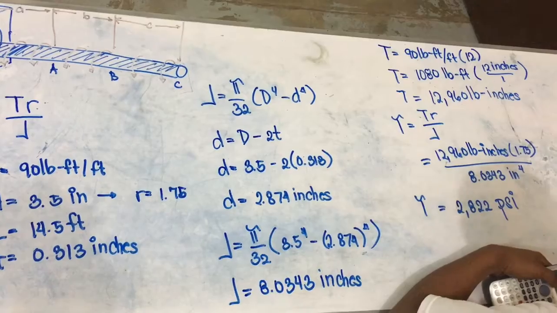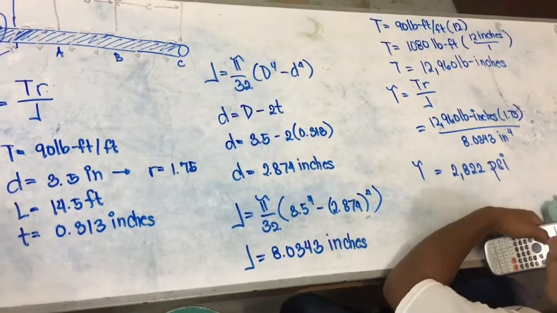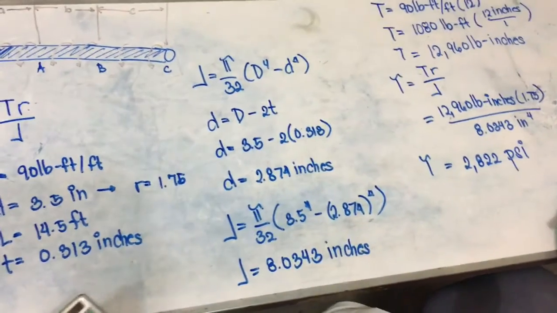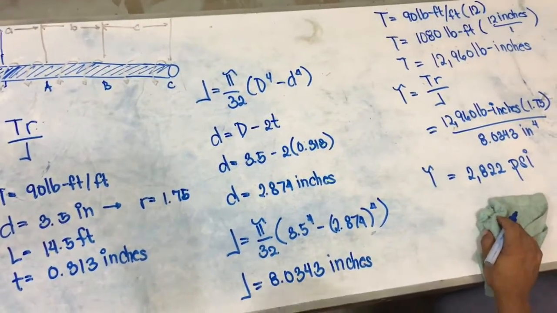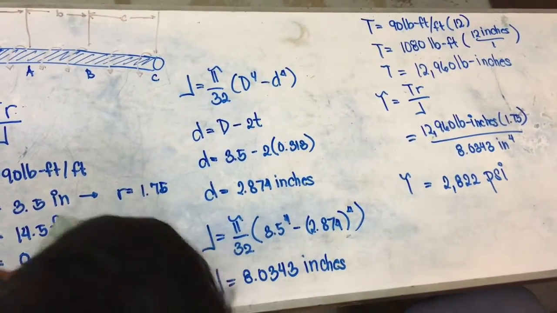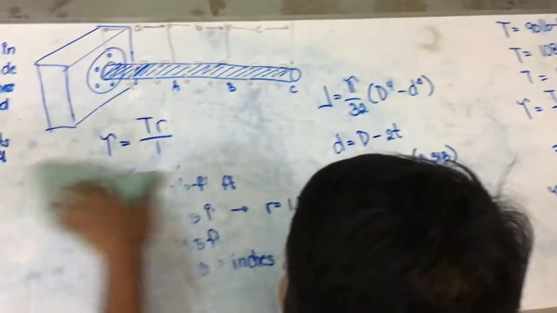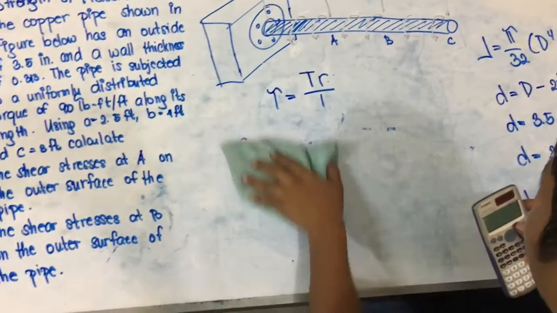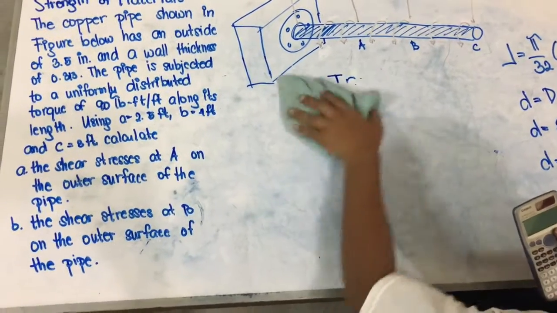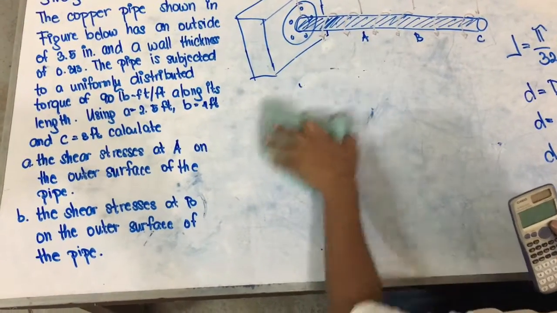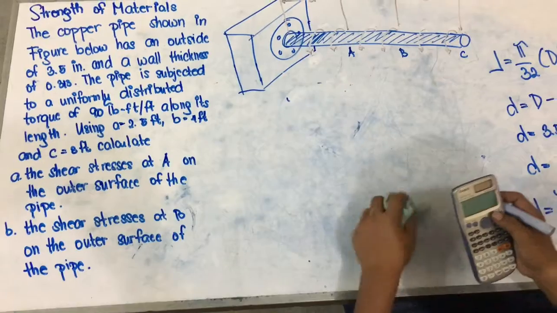Now for letter B, if you already followed my solution in part A, I will erase this part here. For B, it is the same as what we did in A; the only difference is the length for converting torsion.